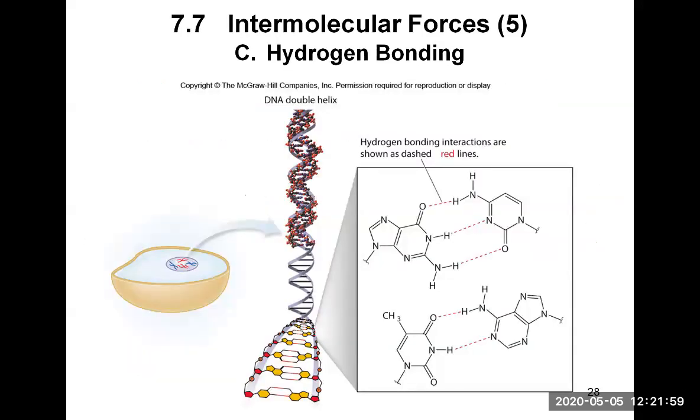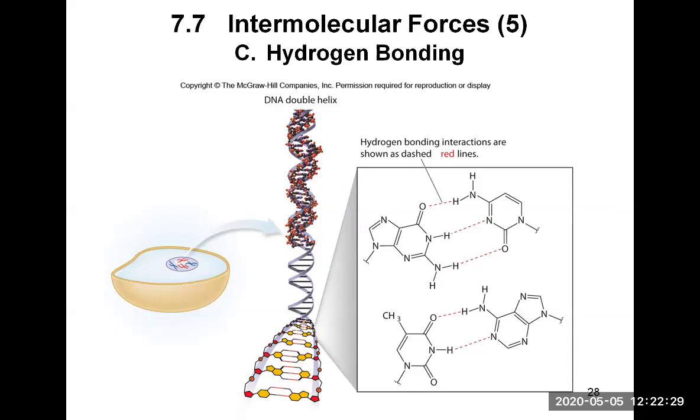And hydrogen bonding is very important for biological molecules, especially big, large molecules like DNA. The double helix structure of the DNA is due in part to hydrogen bonding between the cytosine, guanine, adenine, and thymine bases of the two strands of the DNA.